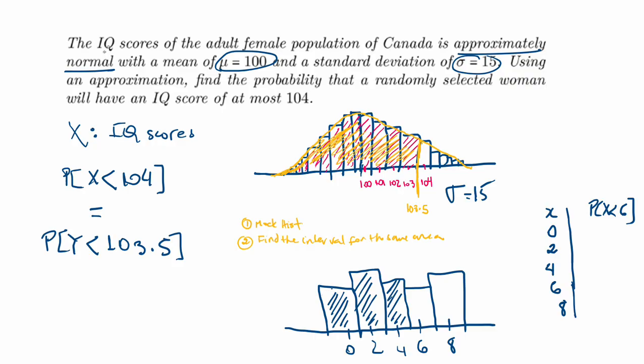So if I had a good approximation, a curve fitting this histogram, where would I select the same area? Would I select it in 4? No. Would I select it in 6? No. To have the same area, I would have to go half of the interval. So I would be selecting exactly this.